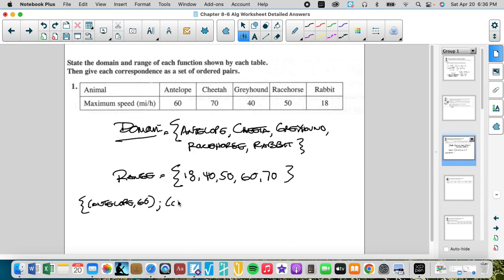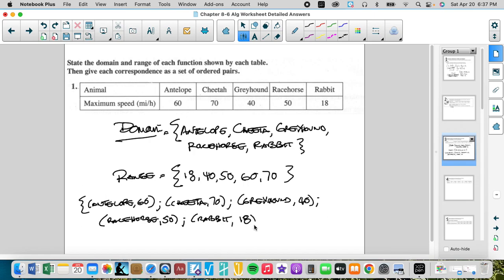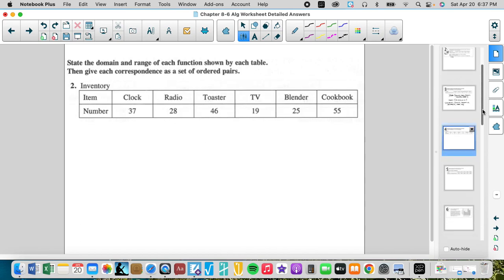We're going to have cheetah, don't be a cheetah, 70, close the parentheses, coordinate, and then we'll have greyhound, and greyhound is 40. Then we'll have racehorse, is 50, and then we will have rabbit, which is 18. And maximum speed, good. So we got to do this silly activity.